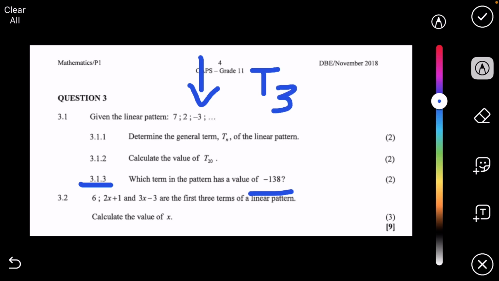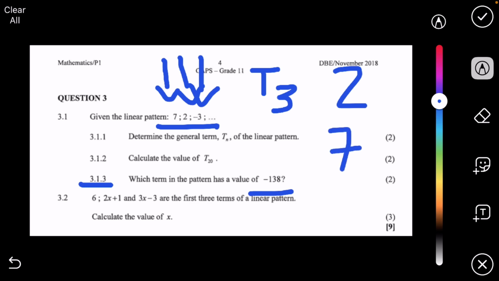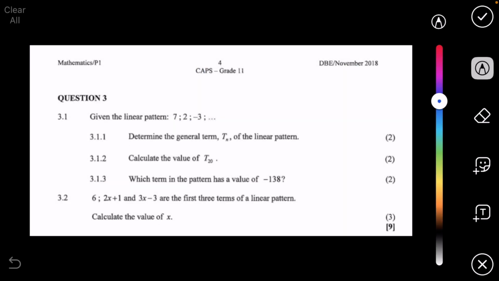In this given linear pattern, term number 2 is 2, and term number 1 is 7. Now they are asking which term in that same pattern is negative 137. Very important that you understand what the question wants you to calculate.